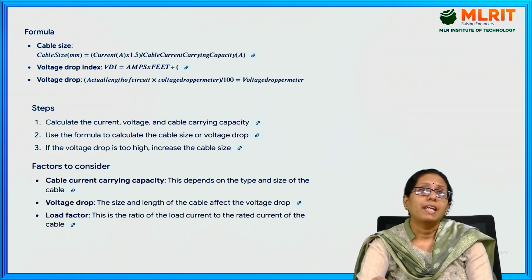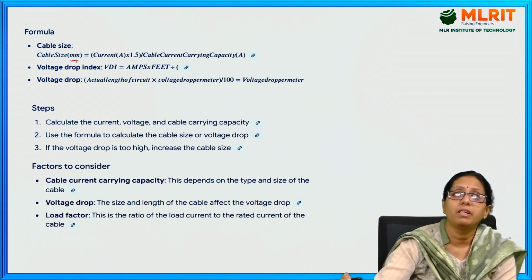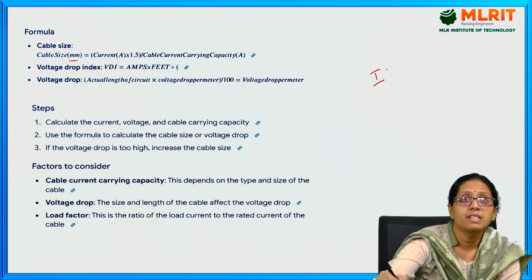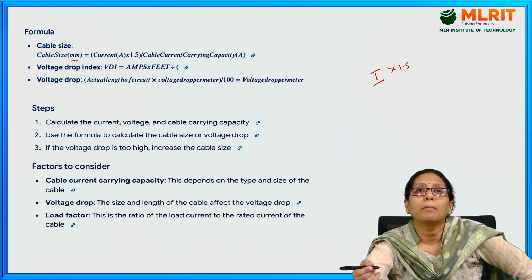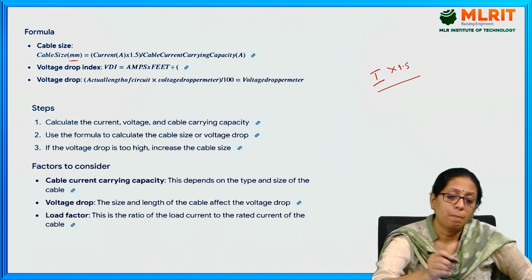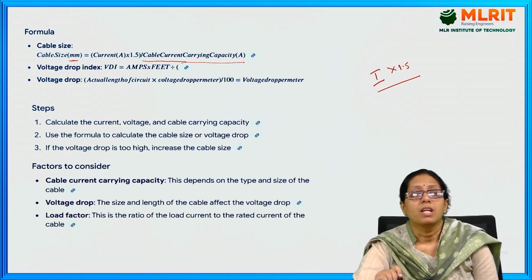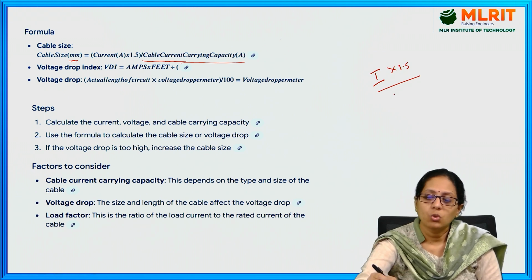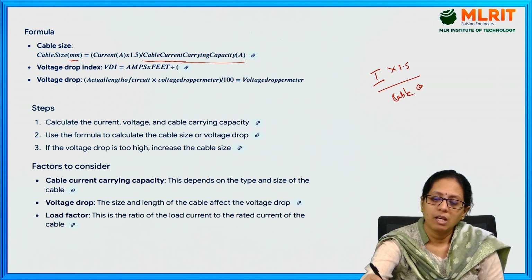Formula for the cable size. Cable size, in mm, means millimeter, is equal to the current I into 1.5, divided by the cable current carrying capacity. There will be a maximum current carrying capacity of that particular cable, so that should be divided here.